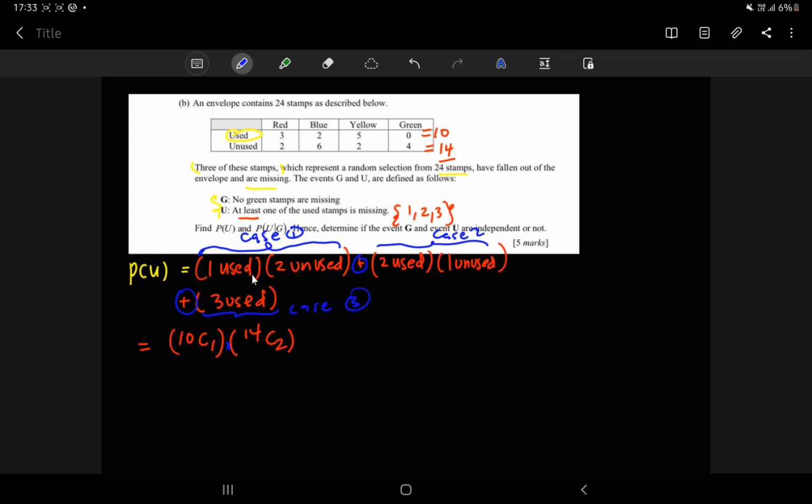Case 1 is 1 used and 2 unused, so we need to multiply them. Case 2 is 2 used and 1 unused missing, so we need to multiply them. Between case 1, case 2 and case 3, when determining the total, we need to plus, because they are different cases.